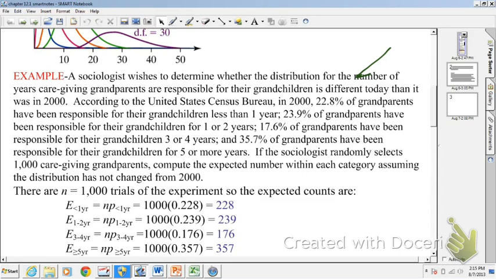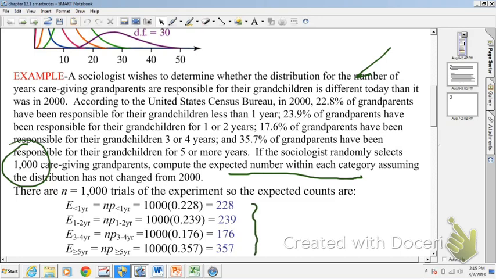And 17.6% had been responsible 3 or 4 years, and 35.7% of grandparents were responsible for 5 or more years. If the sociologist randomly selects 1,000, I'm going to highlight that, 1,000 caregiving grandparents, compute the expected number within each category, assuming the distribution has not changed from 2000.